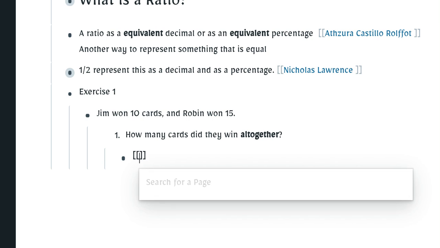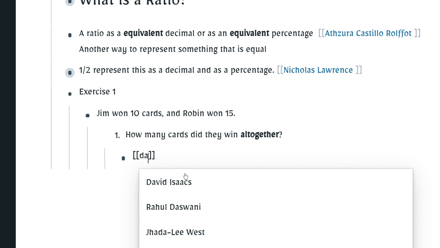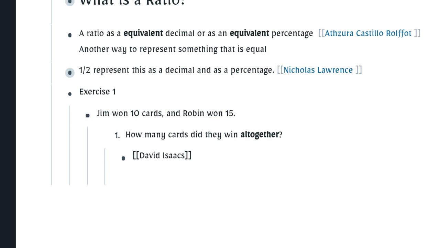Good job, David. So David says we're going to add them together. So we're going to say 10 plus 15 gives us a value which will be the total amount of cards. Good job. And that will be 25. Next question.